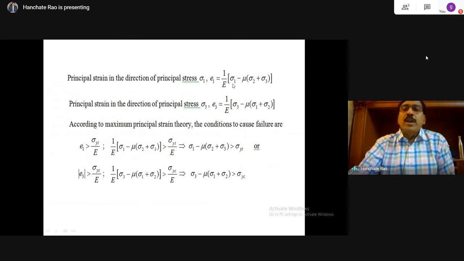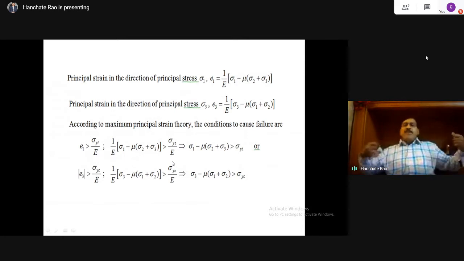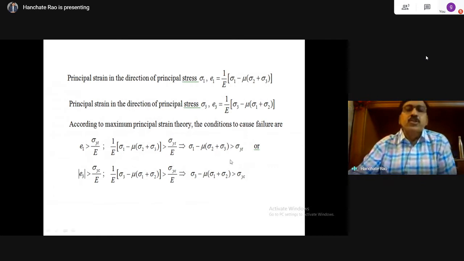Now, what is the comparison? e1 is compared with the tensile strain at elastic limit. How do you get the tensile strain at elastic limit? If sigma yt is the tensile stress, dividing it by Young's modulus gives the tensile strain, because it is a uniaxial stress subjected to only sigma yt. So sigma yt by E is the strain. Compare these two.